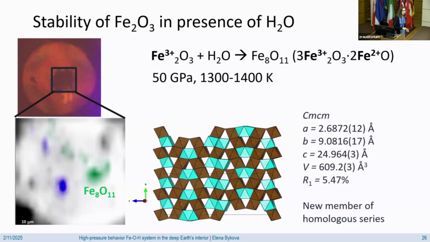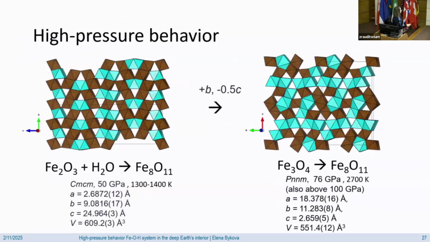So what happens if you use the oxide and water? As a result, we synthesized a new iron oxide, Fe8O11, with an Fe:O ratio very close to Fe3O4. Again, this magic ratio, at relatively mild pressures. So again, it's a new member of a homologous series, again with octahedrons and prisms.